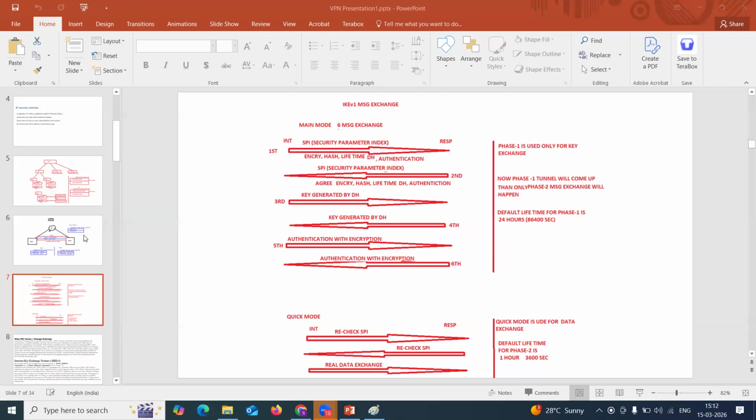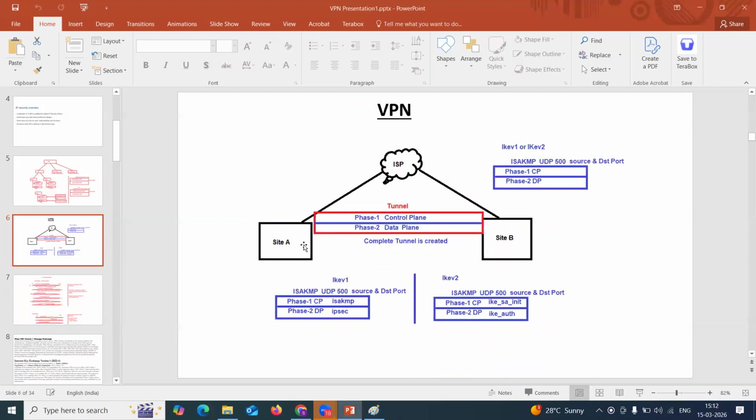Guys, one thing I have to cover before covering this message exchange, this part is important. In a VPN, we have two phases, right? We have phase one and phase two.